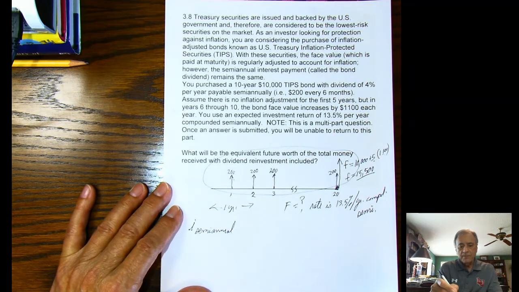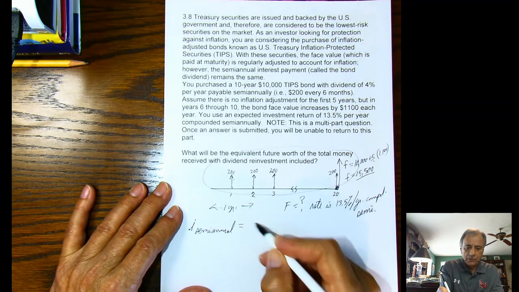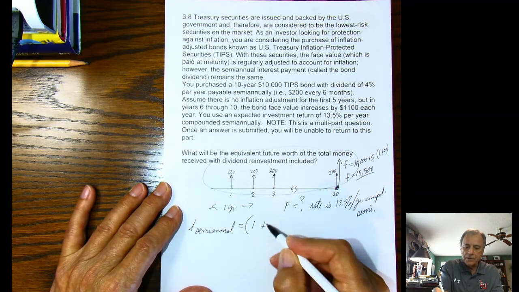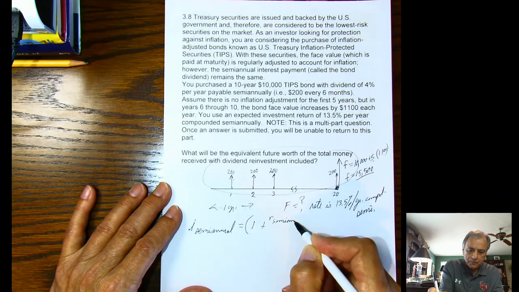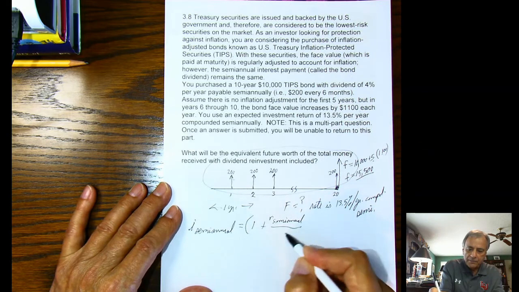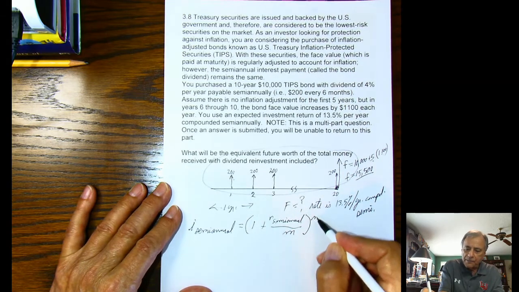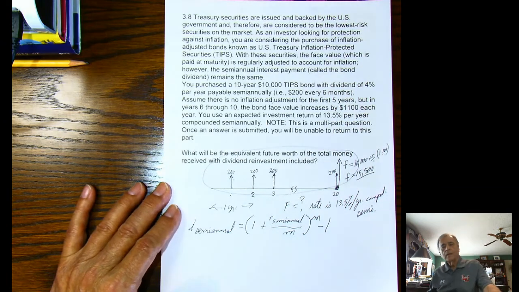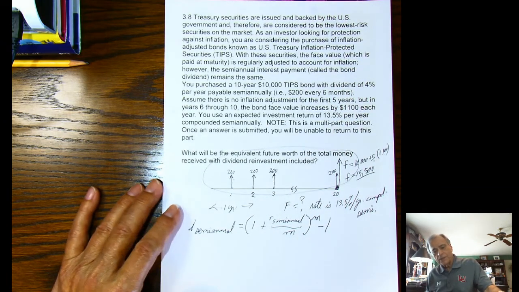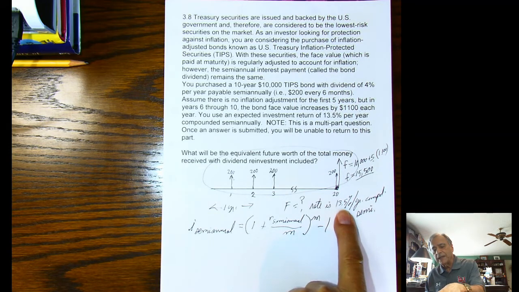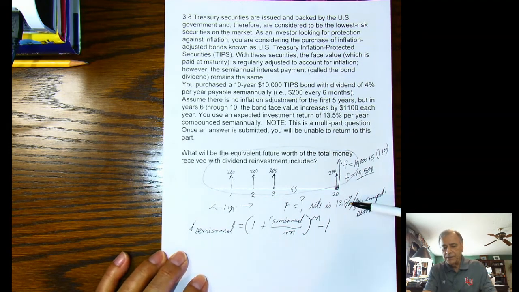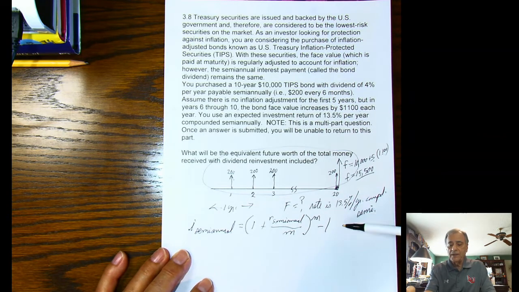Now, I semi-annual is equal to 1 plus R semi-annual over M, to the M power, minus 1. But what is R semi-annual? Well, R semi-annual is just half of this, because 13.5% is the nominal annual rate. The nominal semi-annual rate is half of that.